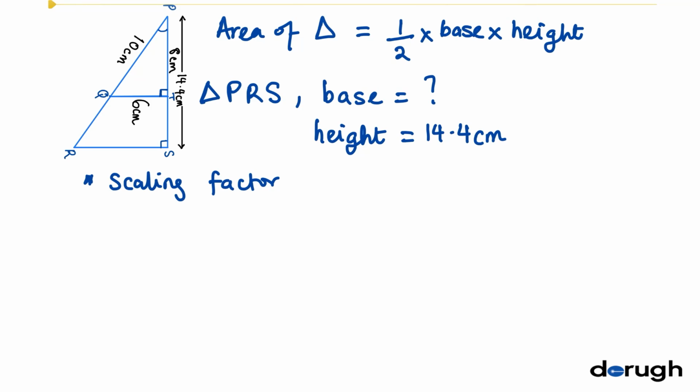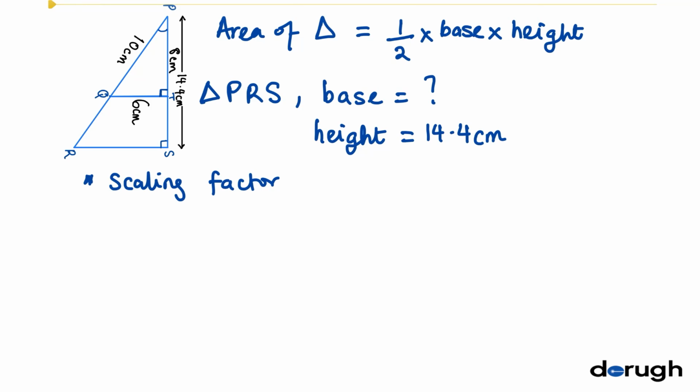The scaling factor is basically what would you multiply with the smaller one to get the bigger one, or you can also work in the opposite direction. What would you multiply the bigger one to get the smaller one, or what would you divide the bigger one to get the smaller one?